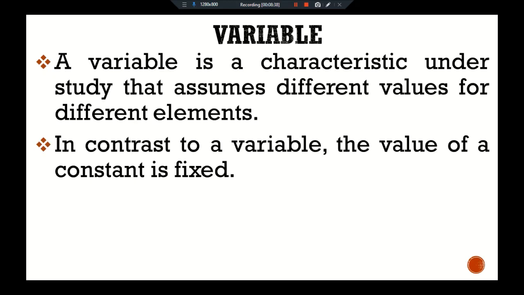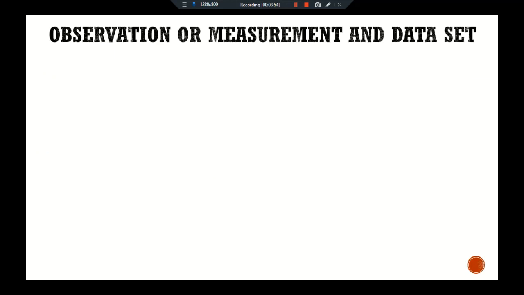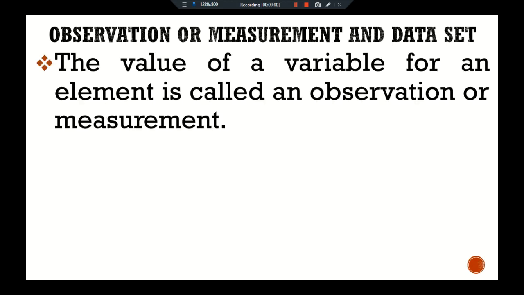Okay, so each of the values representing our example of 6 companies is called an observation or measurement of our variable. So here we have the complete definition of observation or measurement and data set. The value of a variable for an element is called an observation or measurement.